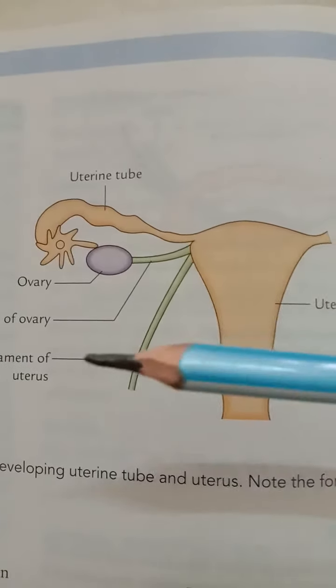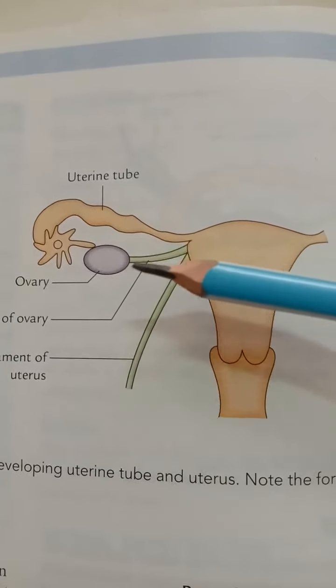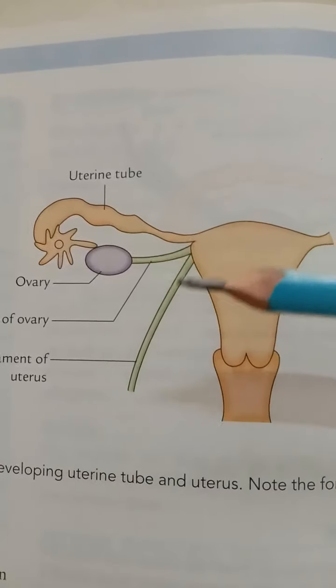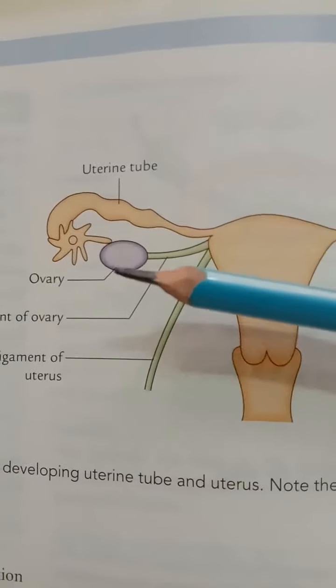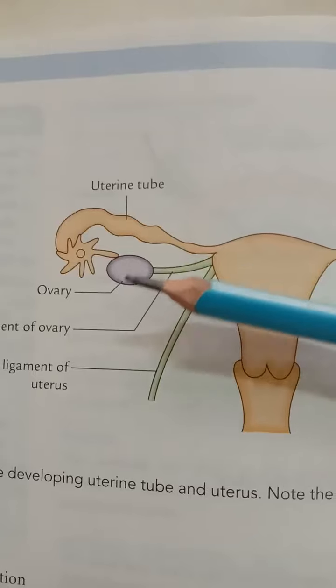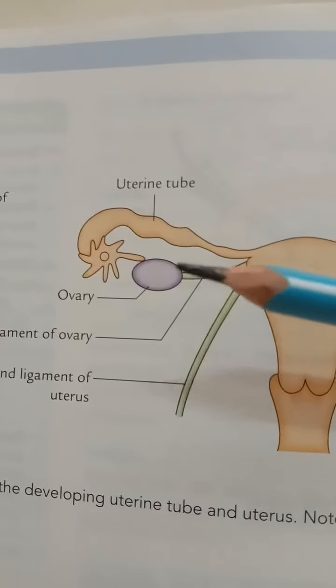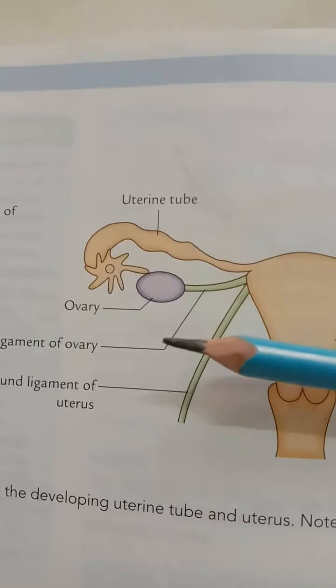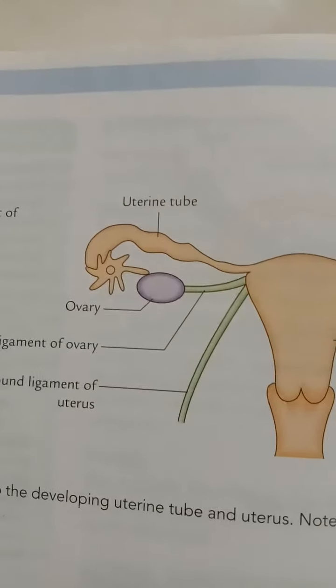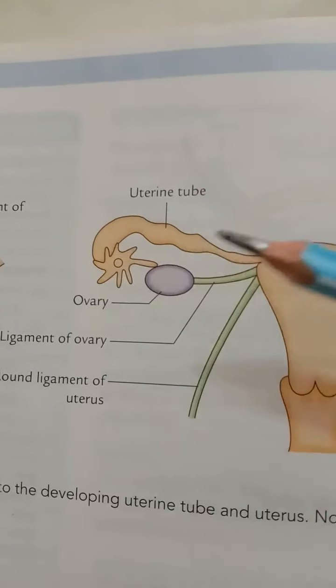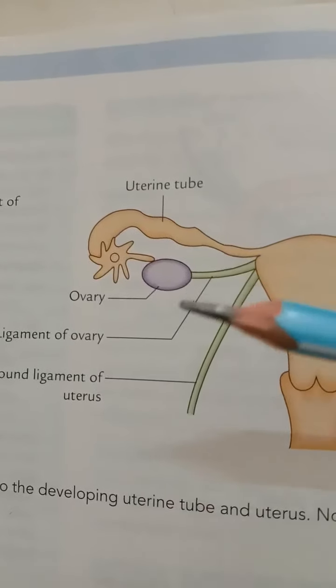A number of cysts are present on the surface of the ovary, so it is called polycystic ovarian disease. In this disease the female can have irregular menses due to hormonal changes. These are the clinical points related to the ovaries.